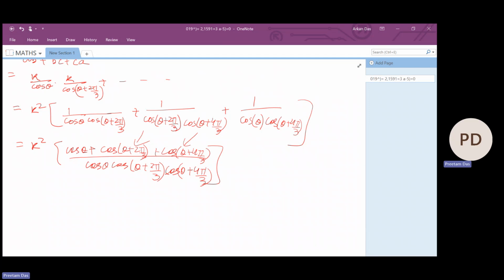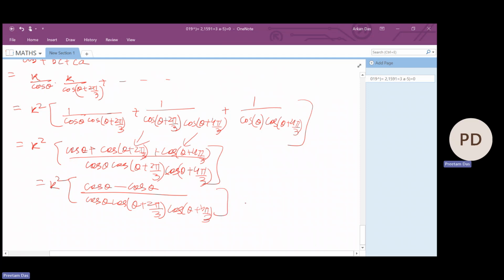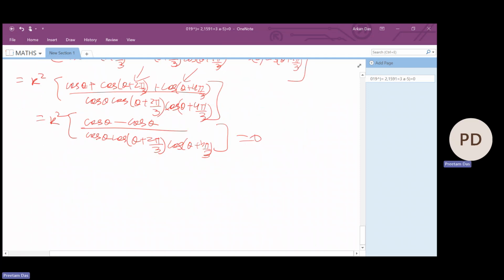If you simplify this expression, you will see this expression turns out to be nothing but minus cos theta by cos theta cos (theta plus 2 pi over 3) cos (theta plus 4 pi over 3). So what will be the overall answer? It will be 0. So what will be the angle? The angle will be cos inverse of 0, which is pi over 2. So which option is the correct option? Option A.